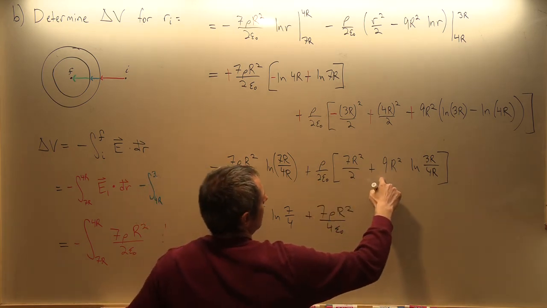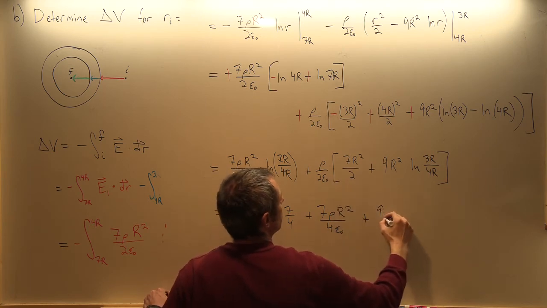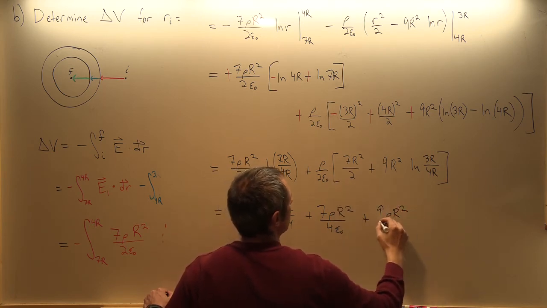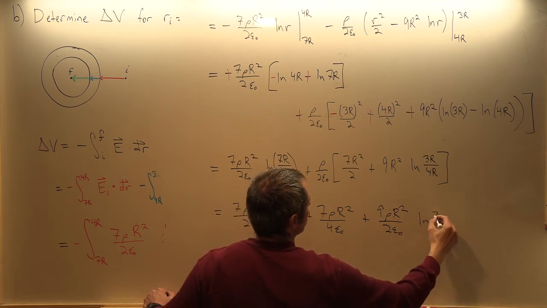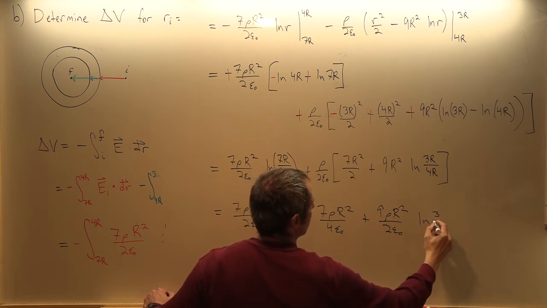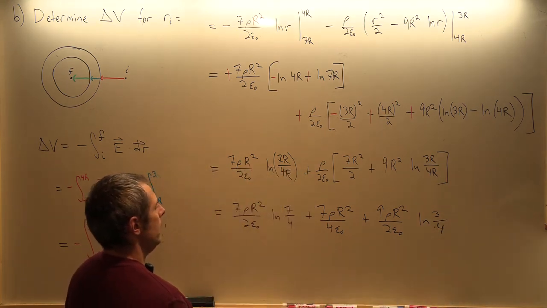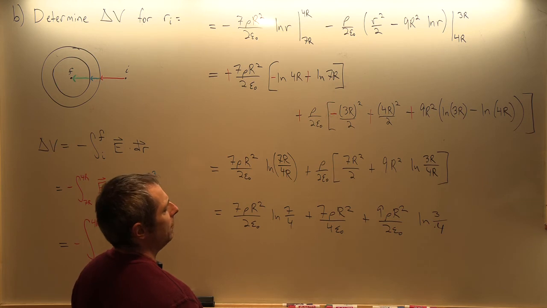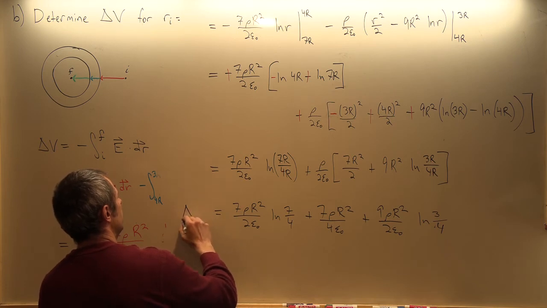And then this: 9 rho r squared over 2 epsilon 0 log of 3/4. Okay, so maybe I'll stop there. I don't think I could really do too much more. So there's my delta V.